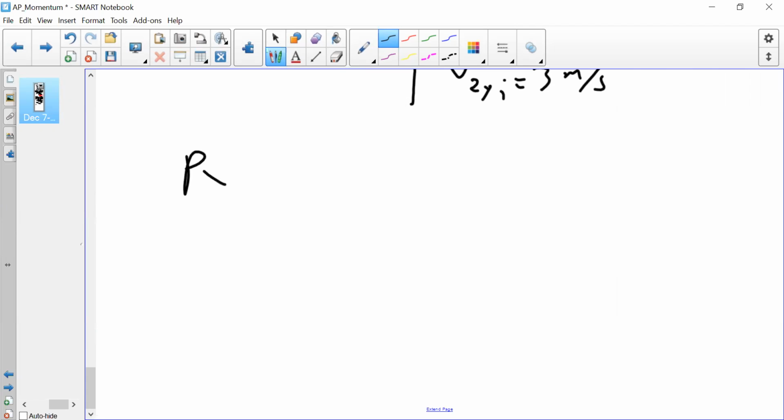Like I wrote before, all the momentum in the X direction in the beginning is going to be equal to the momentum in the X direction at the end. So all of the initial momentum in X is going to be equal to the final momentum in X. So M1 V1 Xi plus 0.